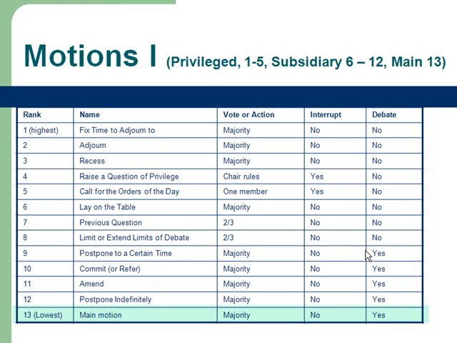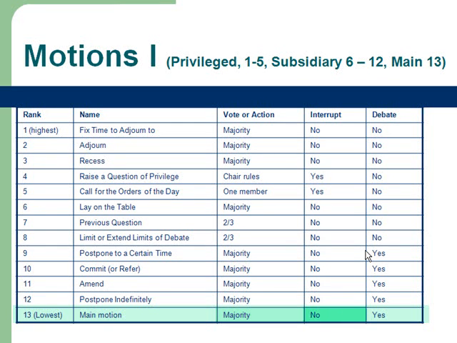Anybody rising when there's no other business can make a main motion. For example, I can make the motion that let's order some pizza for lunch, and the body will pay for it. As you can see, the vote to pass that is a majority vote.